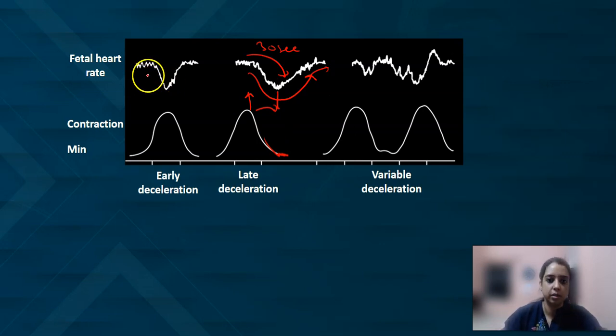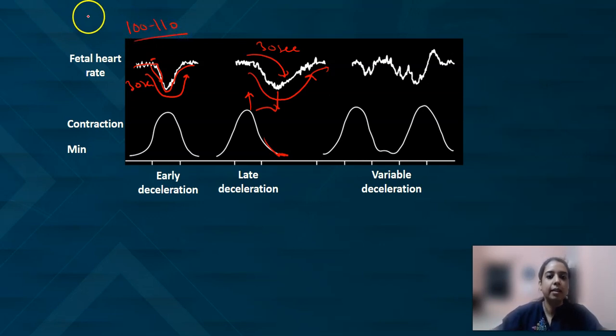Whereas with similar features, gradual fall, gradual rise, from start to the peak 30 seconds, but starting with the contraction, peaking with the contraction and ending with the contraction, that is early deceleration. Late deceleration is after the contraction. Important that in early deceleration, generally the heart rate does not fall below 100 to 110.